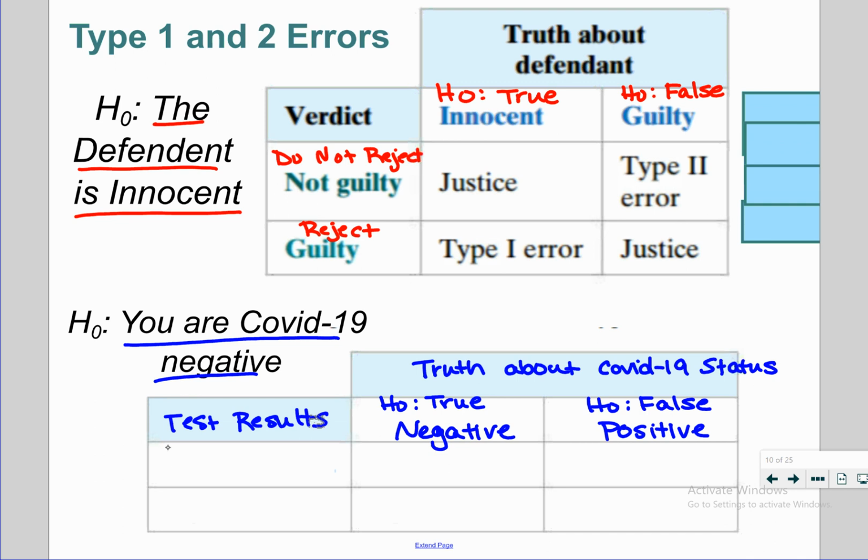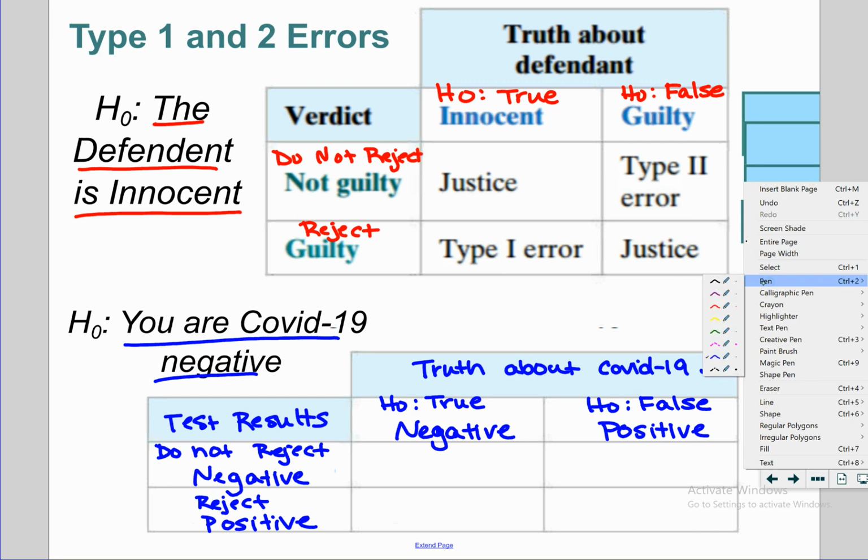The first one is when you do not reject, okay, which would be equivalent to a negative test. And the second one would be rejecting, which would be equivalent to a positive test.